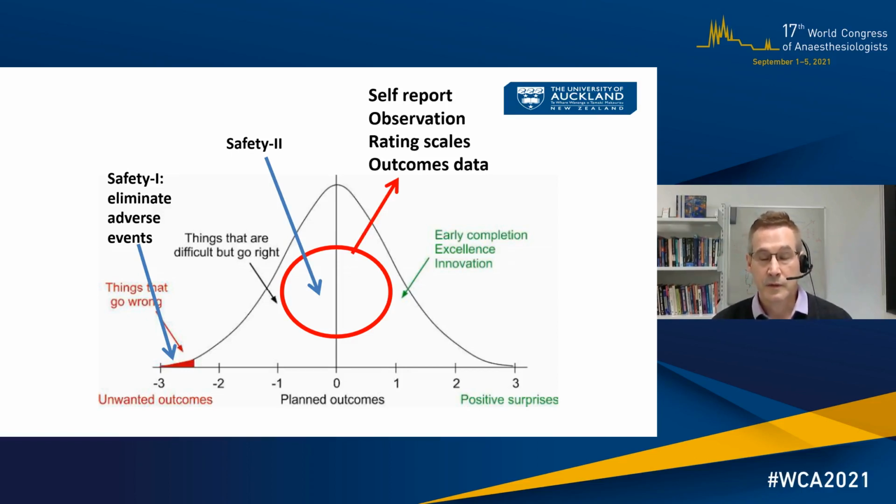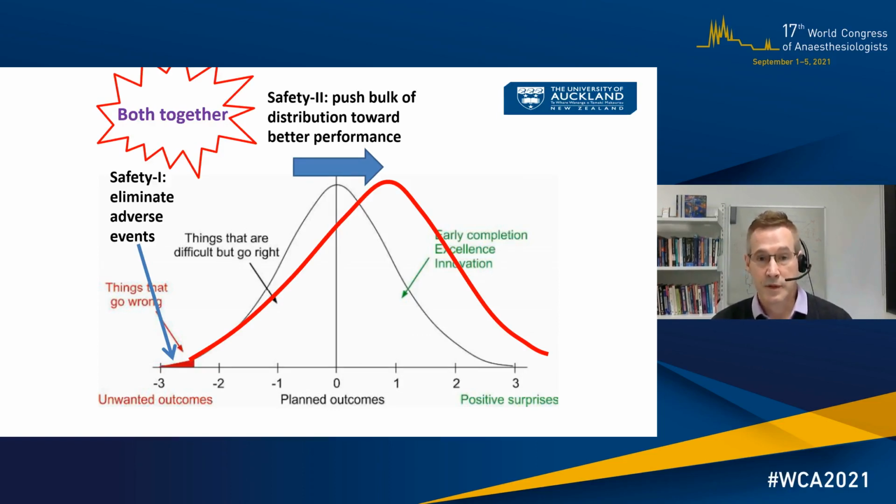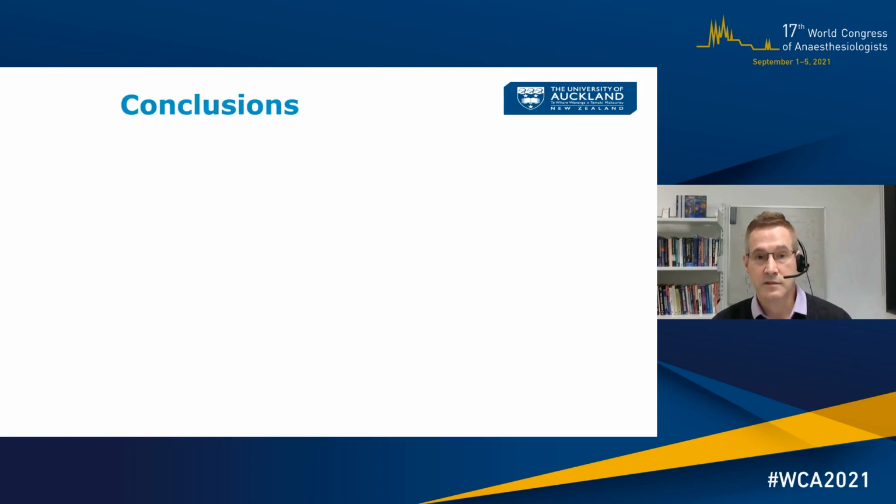These could include self-report, observation, rating scales, outcomes data, to actually push the distribution in the other direction. So we get the mode of the distribution moving in the other direction towards the positive end of the distribution. If we do both of these things together, take Safety 1 and Safety 2 approaches together, we've got a much better chance of making good progress.